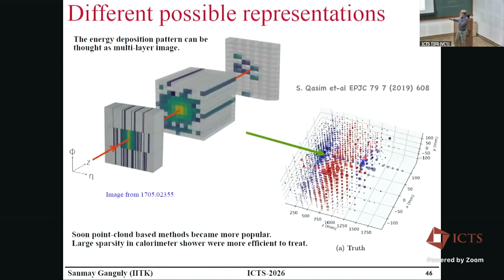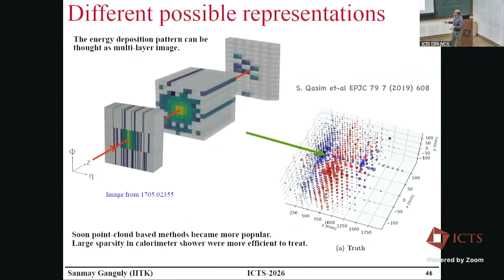And soon after, people realized that probably an image is not the most optimal way. Why? Because our detectors themselves are not regular grids and meshes. Each layer has different geometry, different cell sizes and so forth. So you just can't represent it as a regular pixelized image.